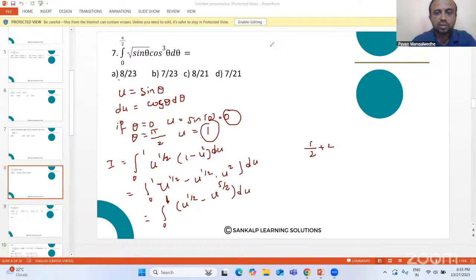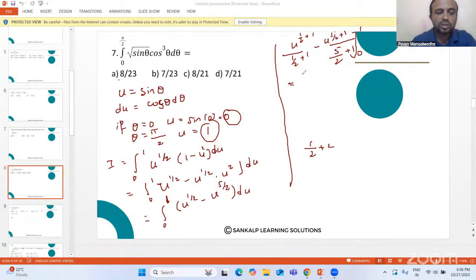Integrating and evaluating this, we get u raised to half plus 1 upon half plus 1, minus u raised to 5 by 2 plus 1 upon 5 by 2 plus 1, from 0 to 1. Solving this, we get 2 by 3 u raised to 3 by 2 minus 2 by 7 u raised to 7 by 2, from 0 to 1.